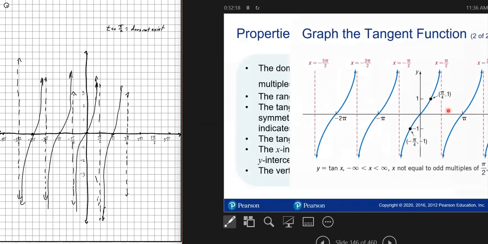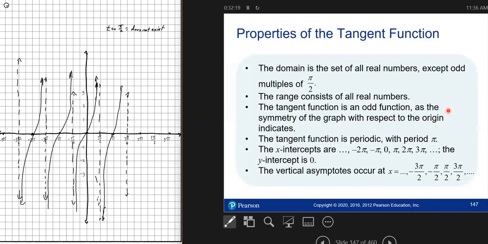The domain here is all real numbers except for odd multiples of pi over 2. So how would we write that in set builder notation? It'd be all x such that x does not equal pi halves k, k is an odd integer.